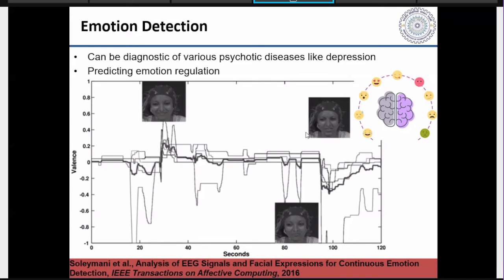Sometimes he can be smiling, sometimes angry, sometimes sad, and all these facial expressions and EEG will correlate. Even if we do not see the facial expressions, from the EEG signals we can understand the emotion of the person.